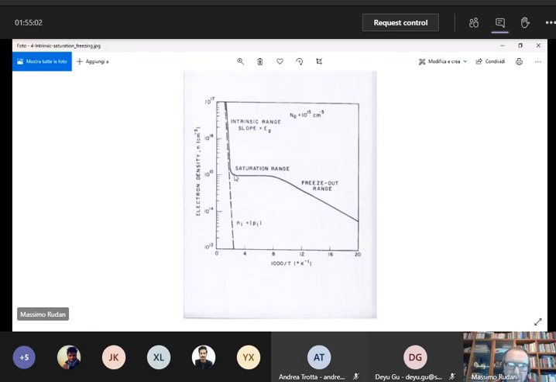For this reason, the leftmost part of the continuous curve is called the intrinsic range and substantially coincides with the dashed curve that describes the concentration of the intrinsic case, that is the Arrhenius plot of the intrinsic case.